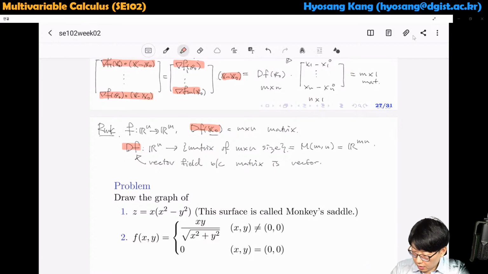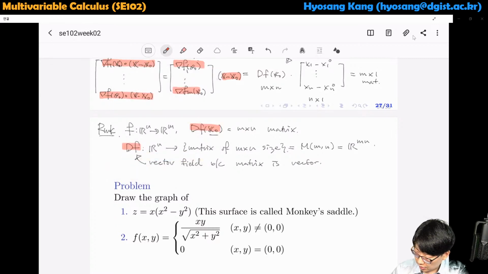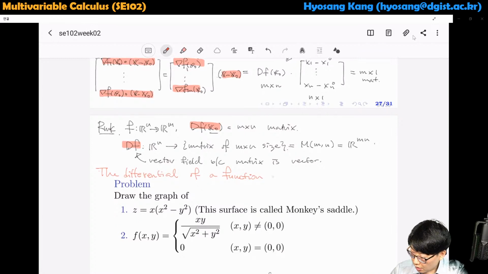Again, the most important thing to conclude this week's slide is that the differential of a function, including a single variable function, is a matrix, and therefore a linear transformation.